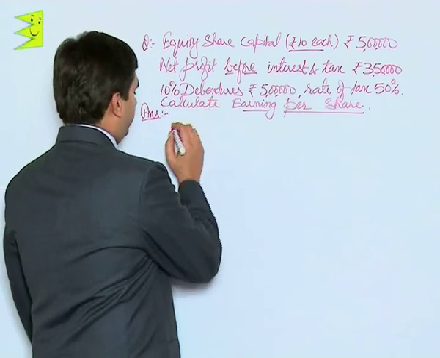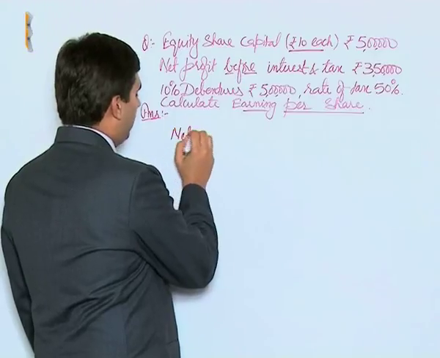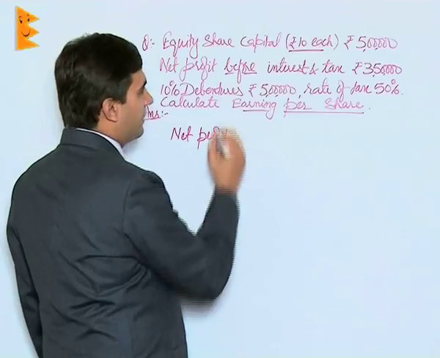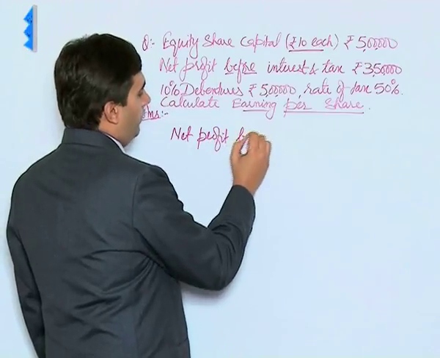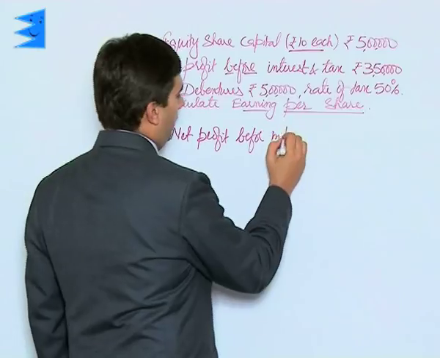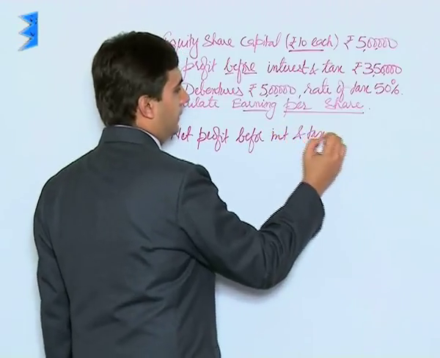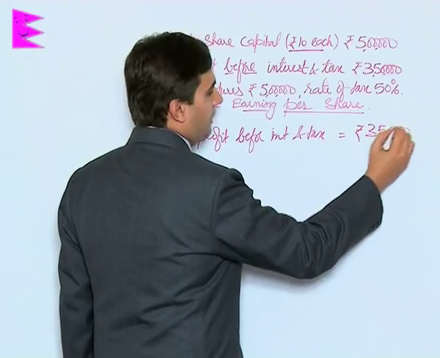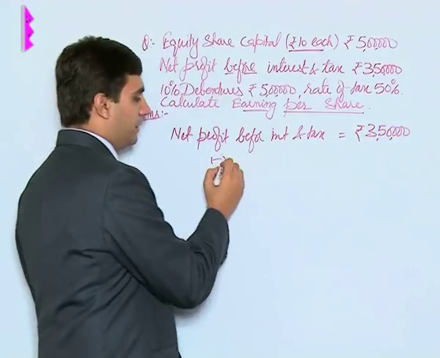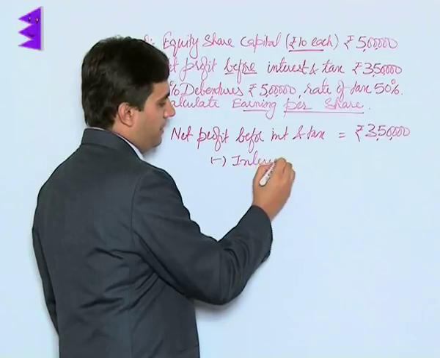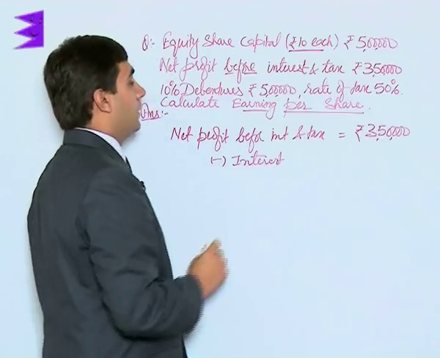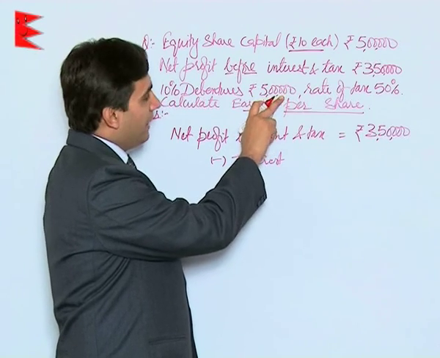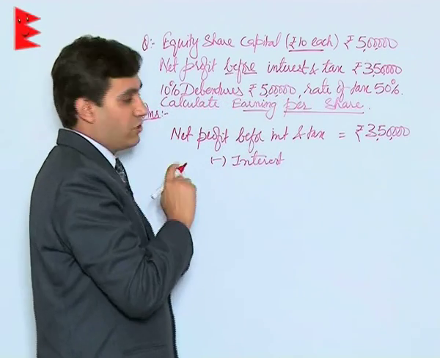So students, net profit before interest is given. Net profit before interest and tax is given to be rupees 3,50,000. Out of this we will deduct interest first up. The interest is given to be 10% of 5 lakh, that is the value of debentures.